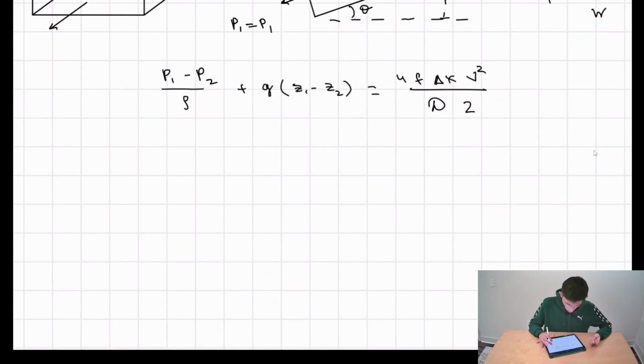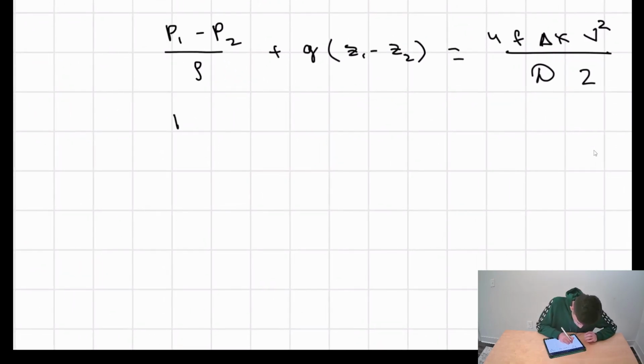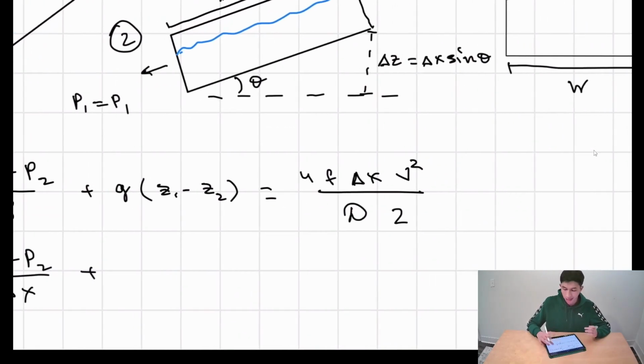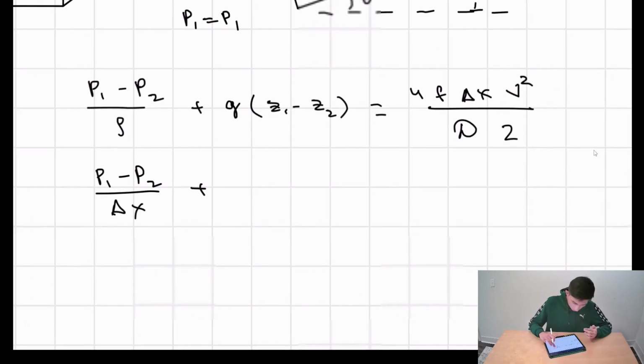So what we can do now is manipulate this equation to get the expression we want to use in Python. Let's divide everything by delta X and multiply everything by rho, which is the density. If we do so, this term has to be multiplied by rho and divided by delta X, and we can also replace delta Z, since z1 minus z2 is equal to delta Z. We know that delta Z is equal to delta X times sine of theta, so we can replace that.